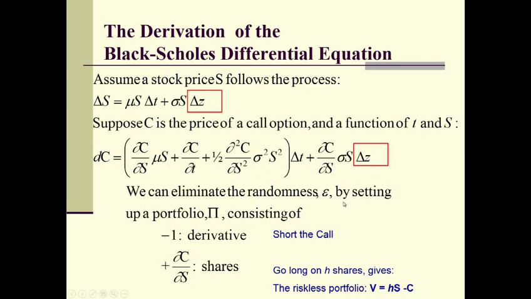And because you long dC over dS shares, then you must multiply by dC over dS here, and therefore everything here is multiplied by dC over dS. Do you follow? Okay, I'll write it down for you. I'll just copy down the formula and then you see.